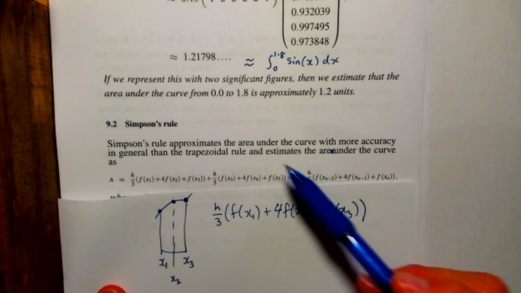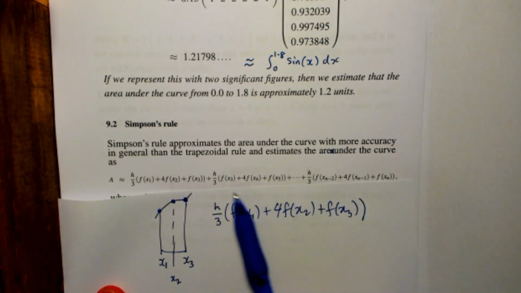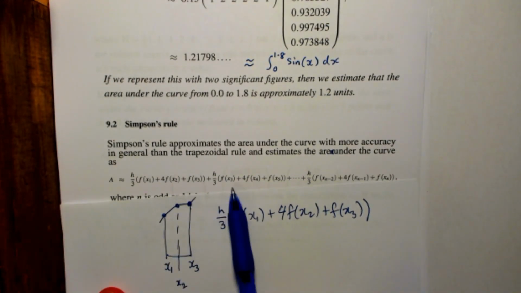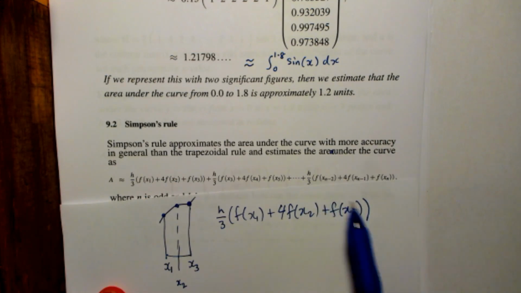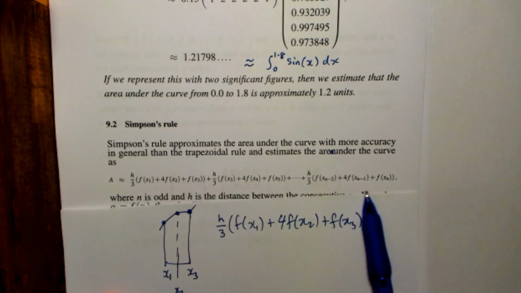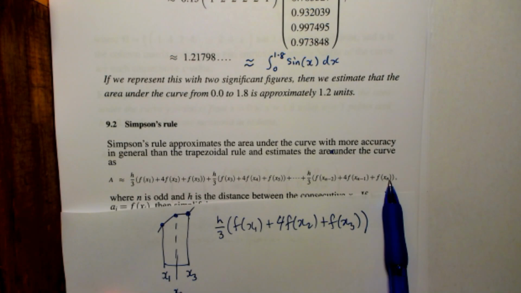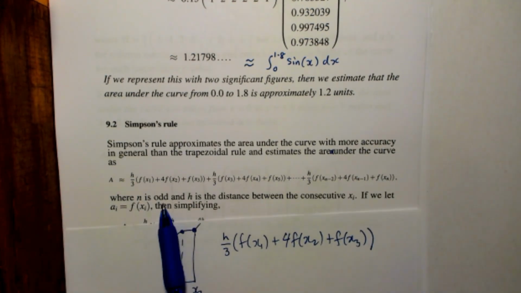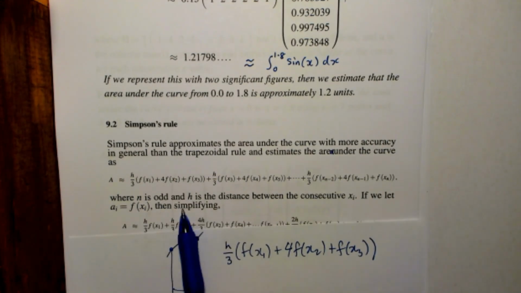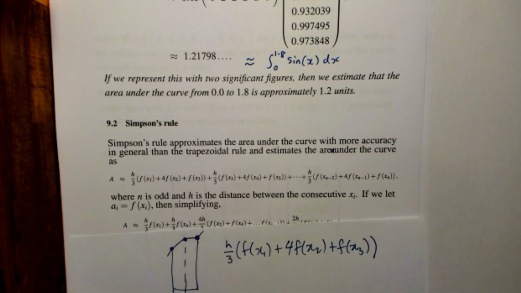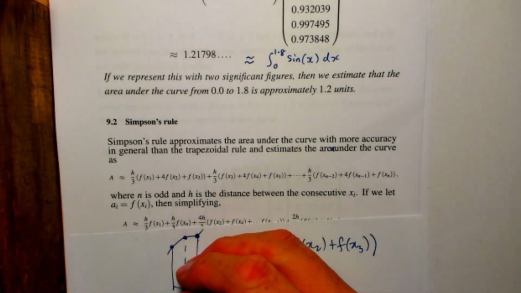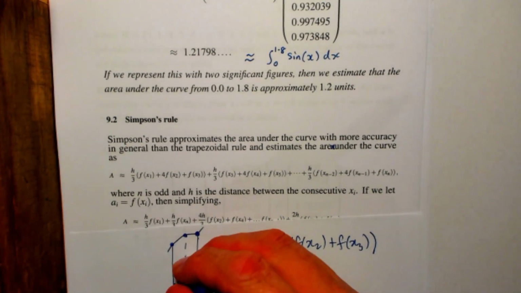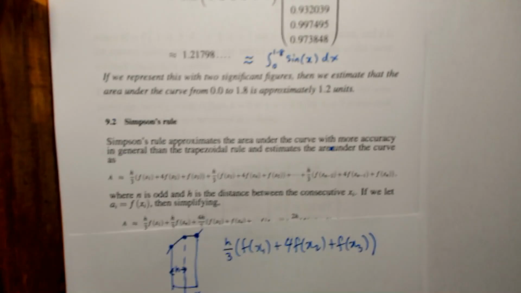Okay, so now doing this over several, we have this is the first one, then this is the second one, plus dot dot dot, this is the nth one. Okay, now we need to assume though that n is odd to make this work, and h is the distance between the consecutive xi, so this in here would be our h distance.